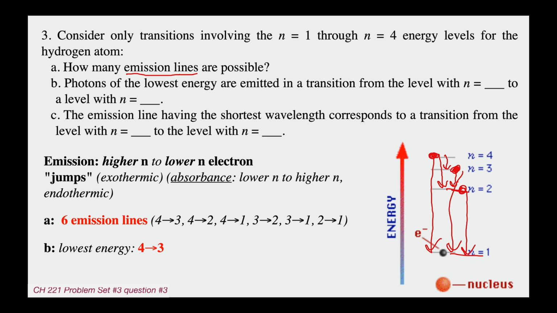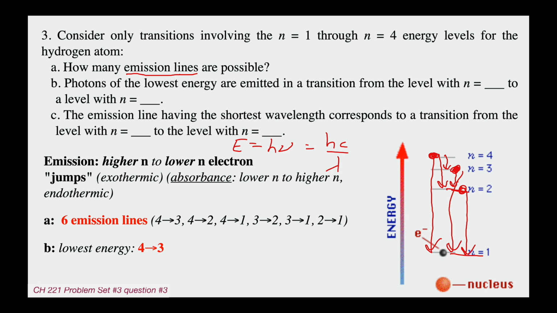And then the last one says which one has the shortest wavelength, okay? Well, like we've seen already in this problem set, E equals h nu, which equals hc over lambda. And that lambda, that upside down y, that's the wavelength. Wavelength and energy, you can see one is on the top part and one is on the bottom.